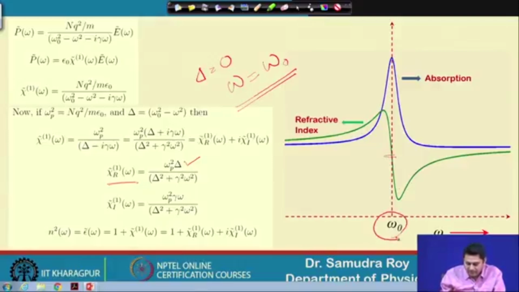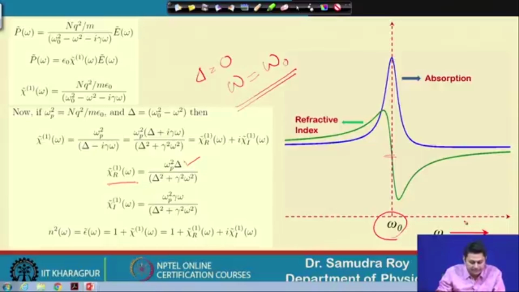Here, this is omega 0, that means at that point this quantity is 0, but on the right hand side and the left hand side of omega 0 we have values which are positive and negative respectively.